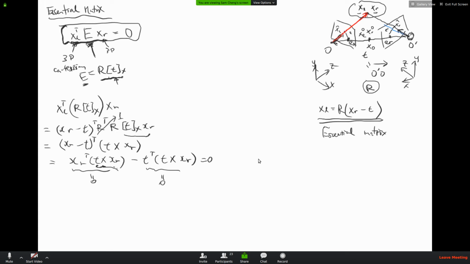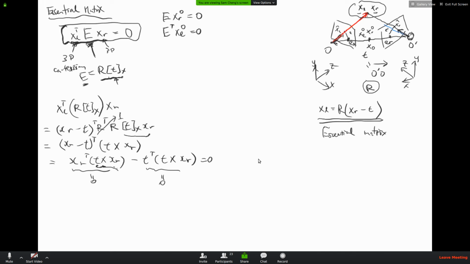So what we want to show next, which we'll use later on, is that E times xr naught is equal to 0 as well. And also we will have E transpose xl naught is also equal to 0. I'll just show one of them. The other is very similar.